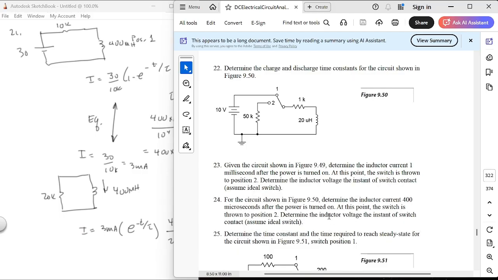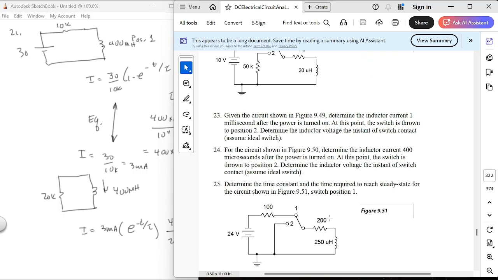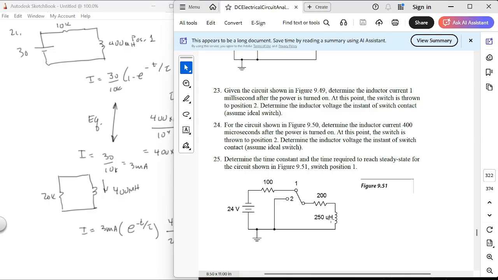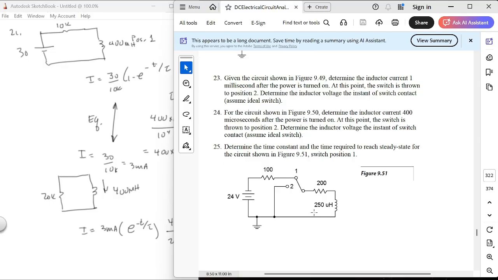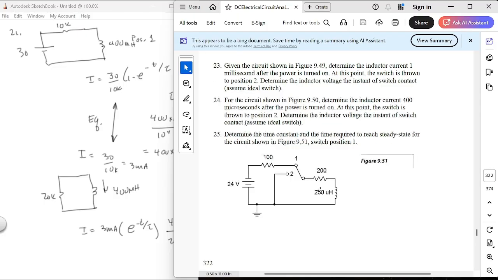It's the only difference. And this one is a little different, because in this one, your R for your charging is this, and your charging for discharge is just this one right here. So if you say, what is your charging R? It would be this plus this. My discharging R is just this.